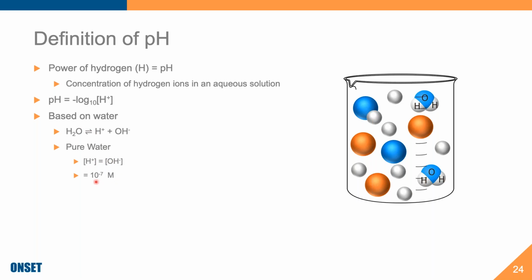And it just so happens that in pure water, that means there are 10 to the minus 7 molar hydroxyl ions as well as hydrogen ions. And that 10 to the minus 7 means 7 pH, since we know that pH is the negative log of the hydrogen ion concentration. Are there any questions so far on that?